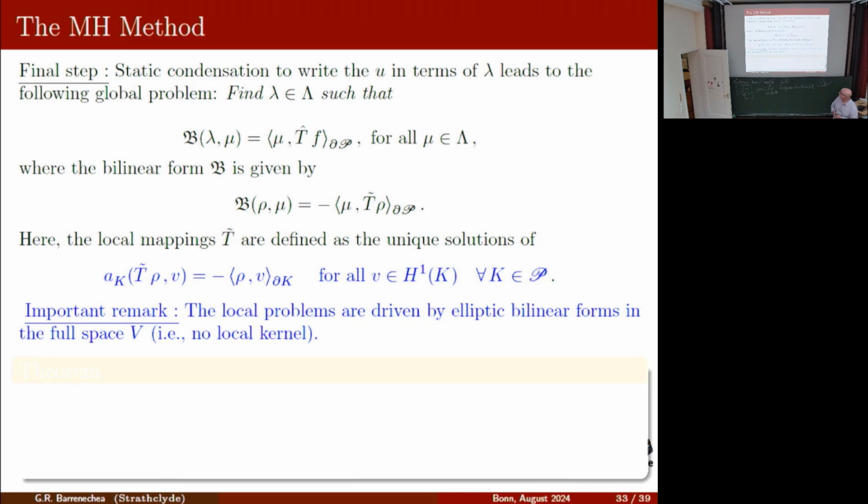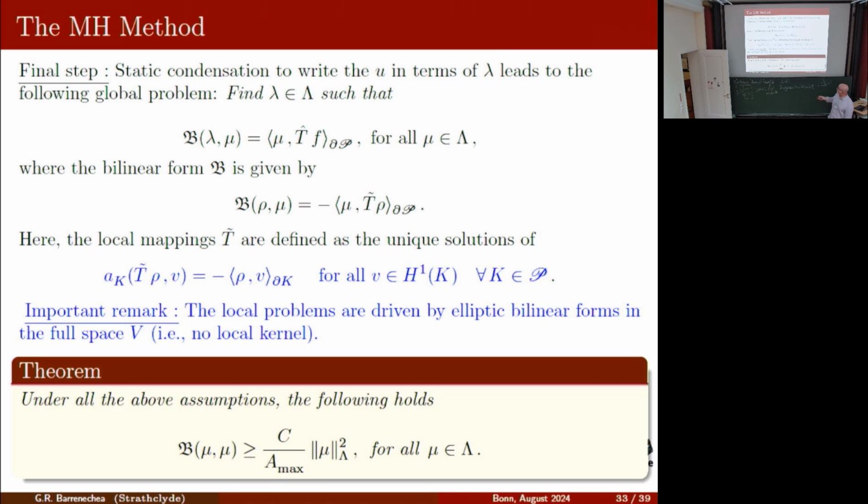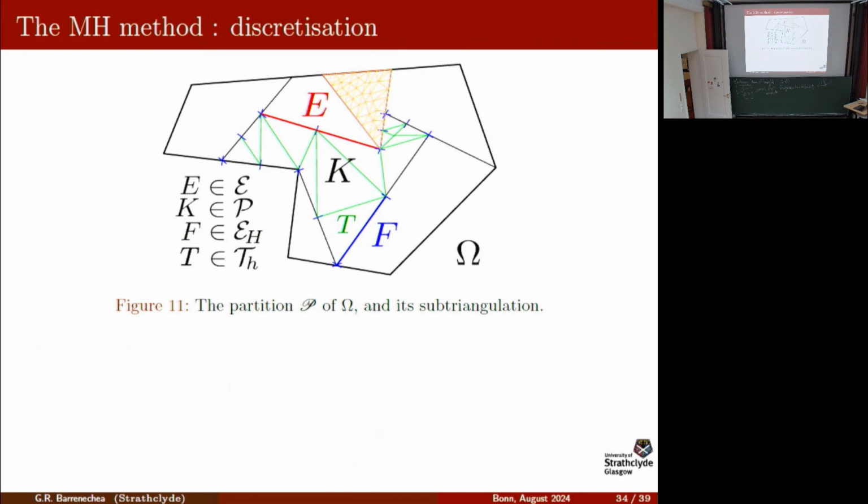The local kernel is driven by an elliptic bilinear form, and this has in turn, as a consequence, the fact that the global problem is driven by an elliptic bilinear form as well. So by adding this appropriate zero, we actually move away from the pure Neumann local problems to something that looks like a problem with a Robin boundary condition, and we get elliptic bilinear forms for both the local and the global problems.